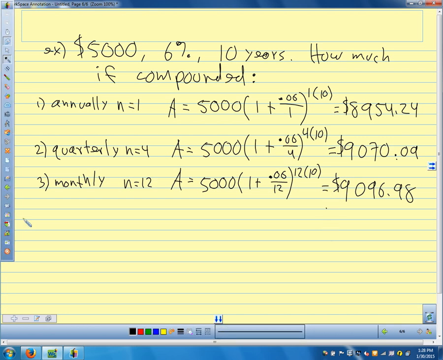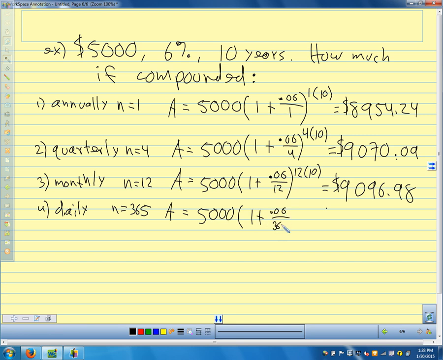And then finally we'll do daily. So that's going to be n equals 365. And we calculate that out, and I get $9,110.14.